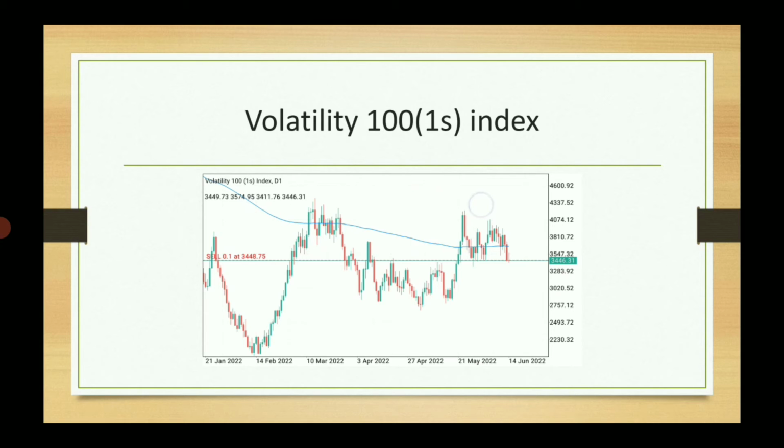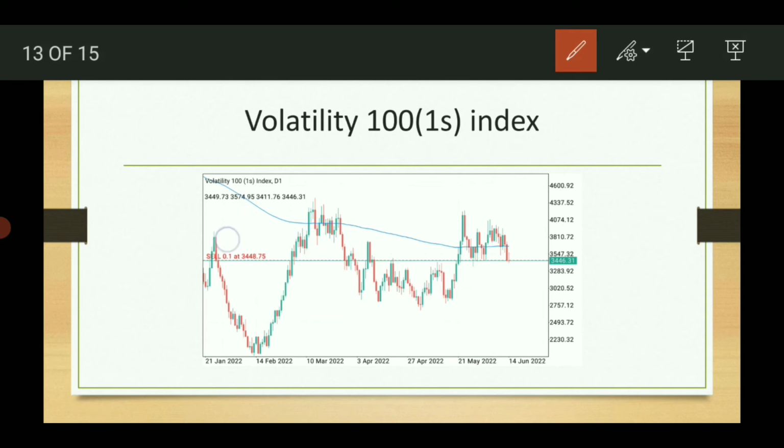If you find it moving down like this, people were in fear and they decided to sell their commodity. And then when it reaches this area, the buyers saw an opportunity and found that the price at that time was cheap enough for them to find more value in it, and they decided to buy.